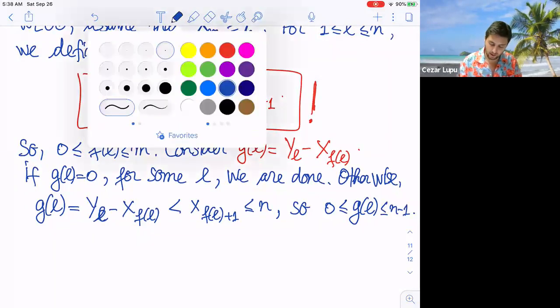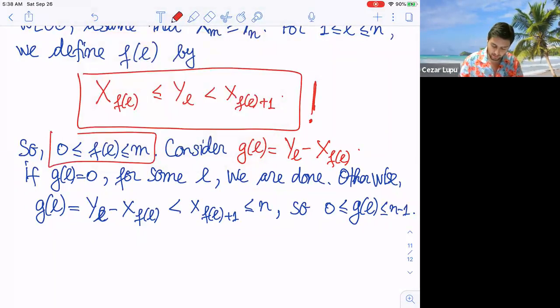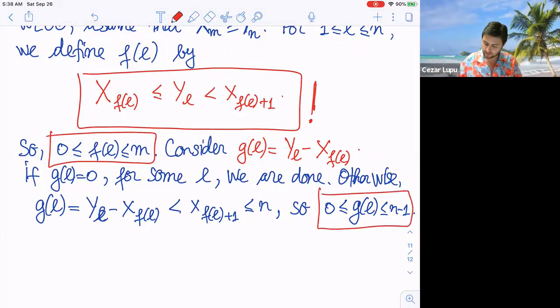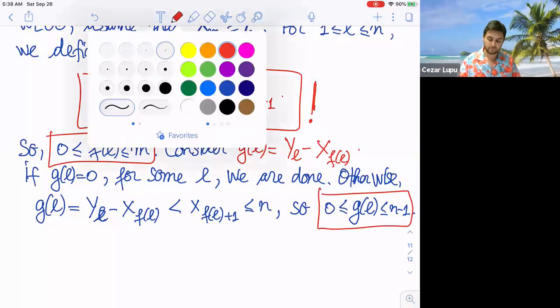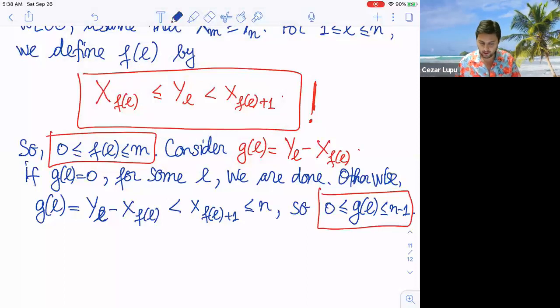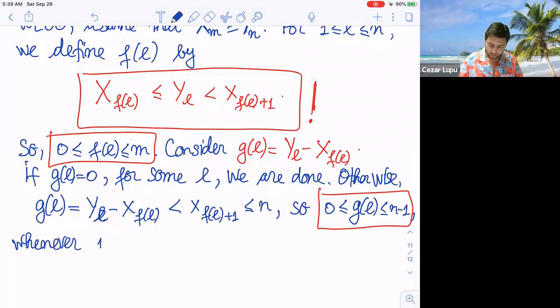So keep in mind we have these two here. So this guy is, and this guy is like this. Well, then this happens whenever L is between 1 and n, right?